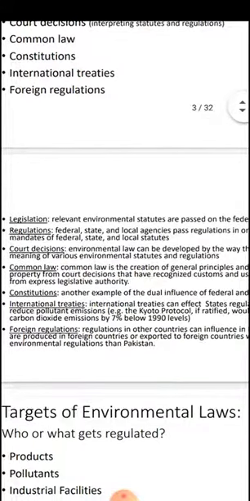Then we have some court decisions. Court decisions are also a form of environmental law in some cases, in which the court has already taken some decision, so that will become a law. In that case, our court decision will be considered as one of the environmental laws, and it can be referenced for future implementation of that law.